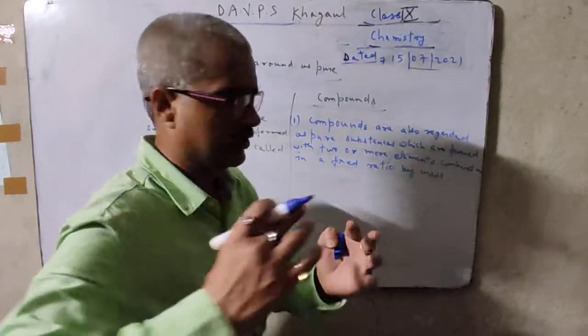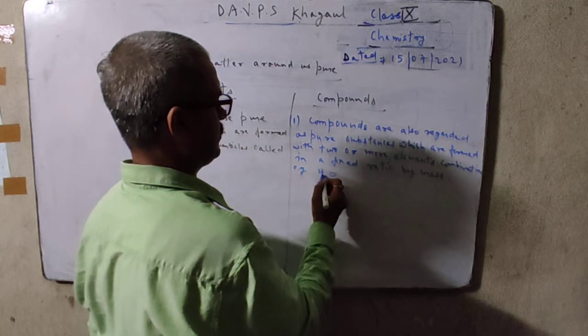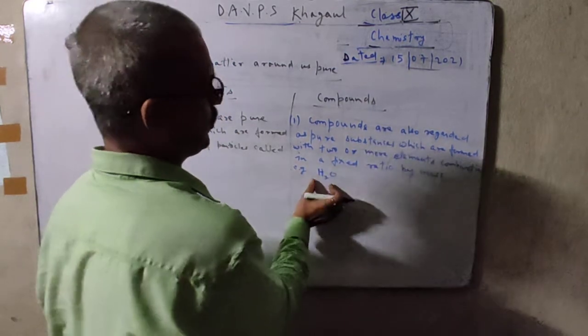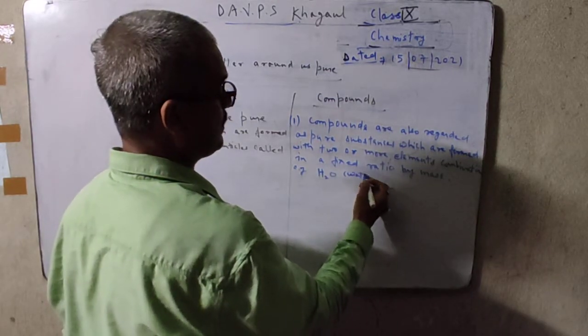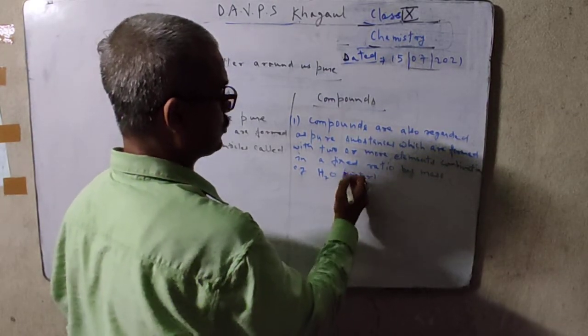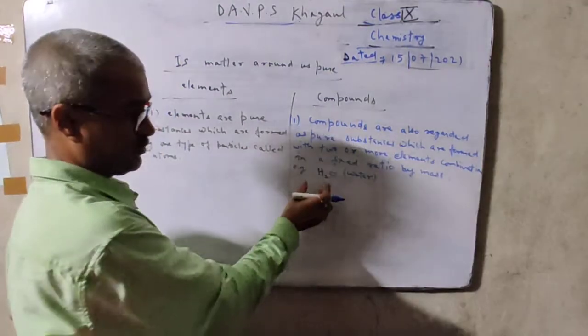Take the example of water. What happens, what do we see? In water, there are two elements, hydrogen and oxygen, involved in a fixed ratio.